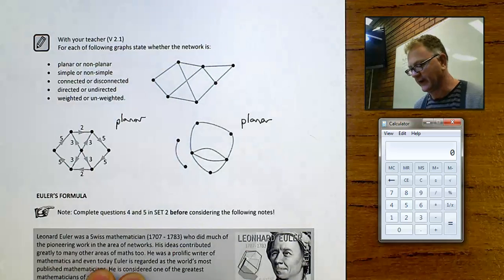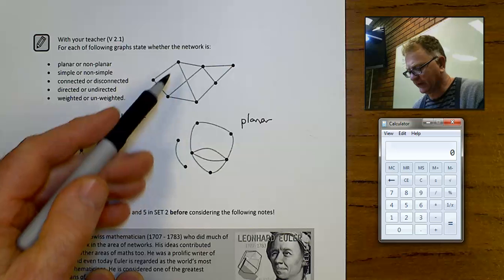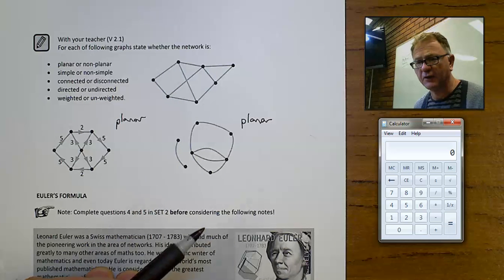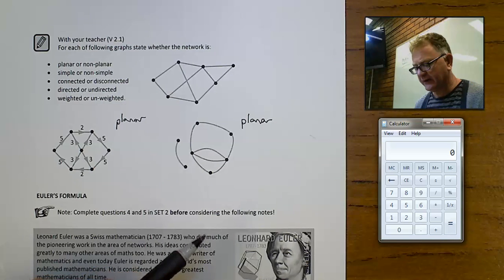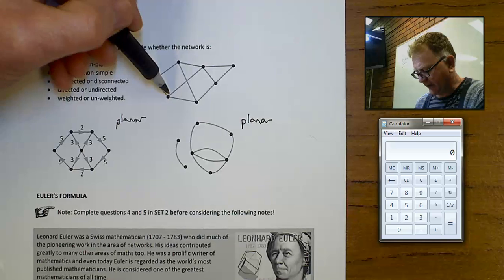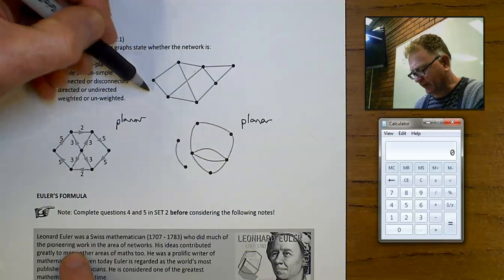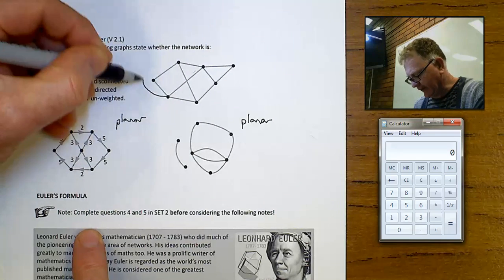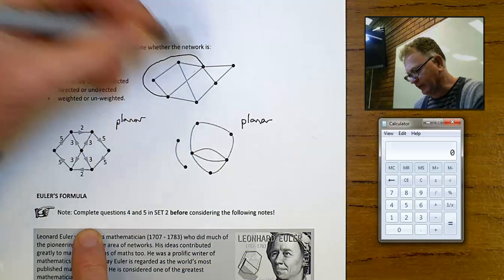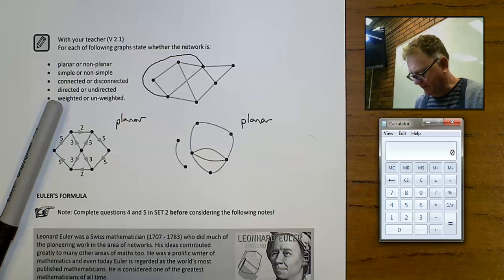I've left this one to last though because it is a bit tricky. When you look at it, you can see that these 2 edges cross over, so you might be tempted to say this is a non-planar network. But thinking about it, can you imagine this edge here? If I was to stretch it around, pull it over this way so the whole edge came back here, it's still joining the same 2 vertices, and I wonder if I can rub it out with liquid paper.